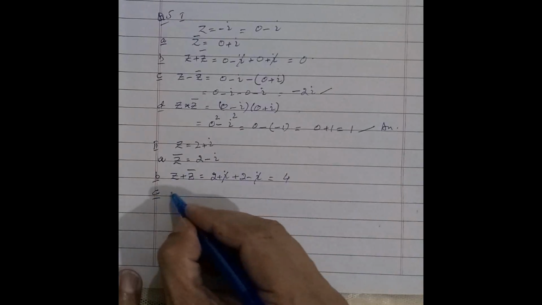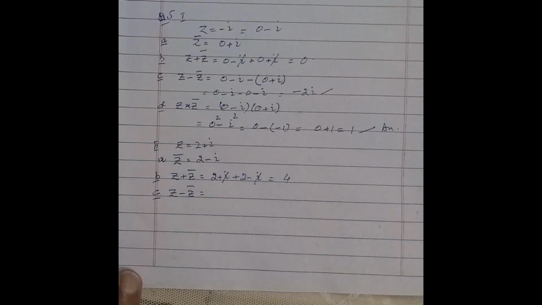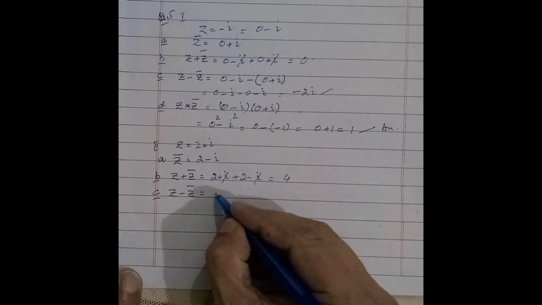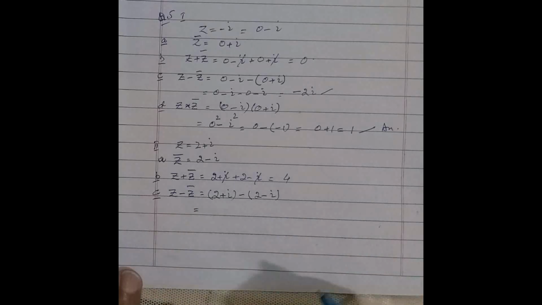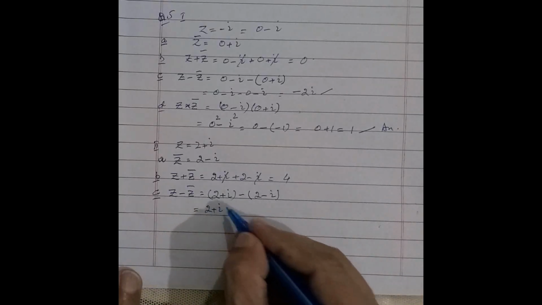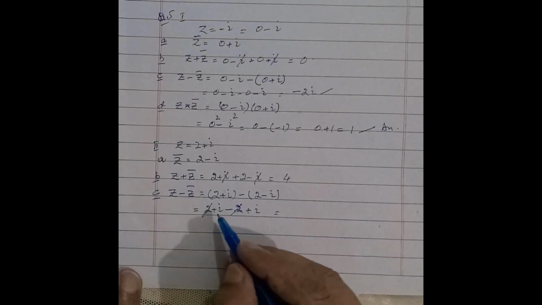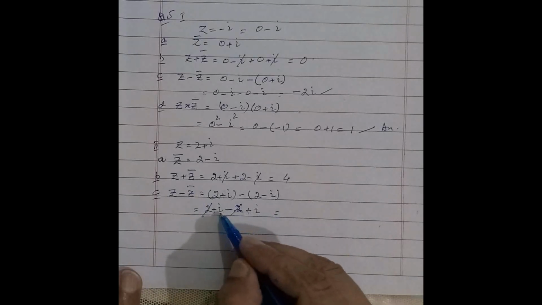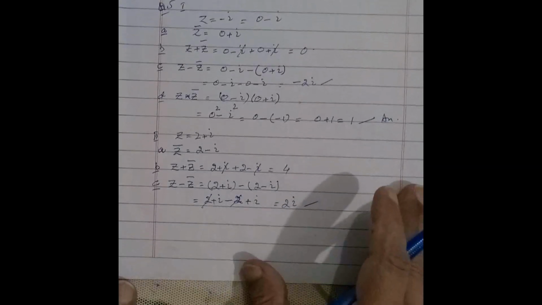And the C part is z minus z bar, mean complex number subtract with the conjugate of complex, we get 2 plus iota minus 2 minus iota. Now we simplify these values. 2 plus iota minus 2 plus iota. Minus 2 cancel with plus 2. We have plus iota and plus iota. We get 2 iota. It is the C part.